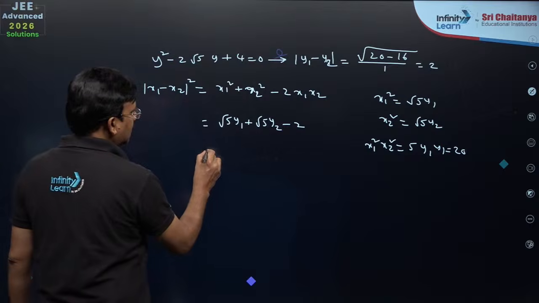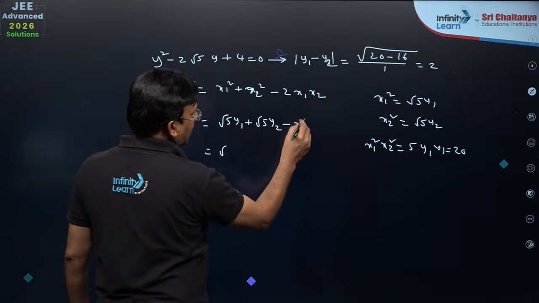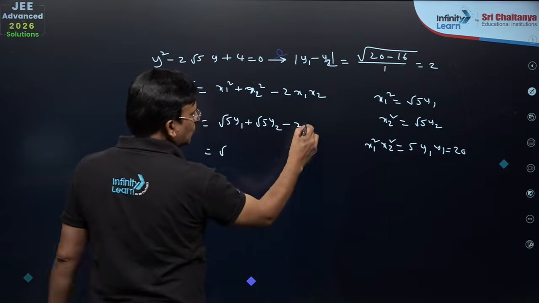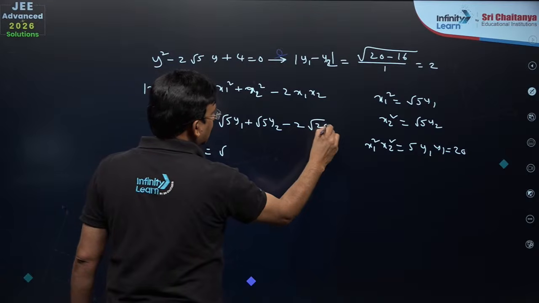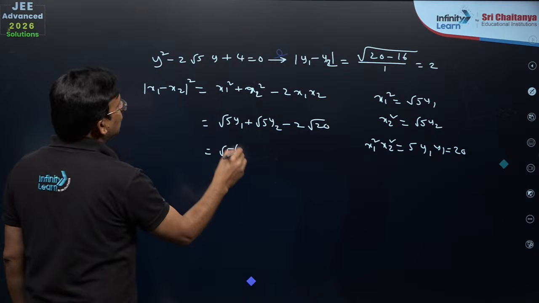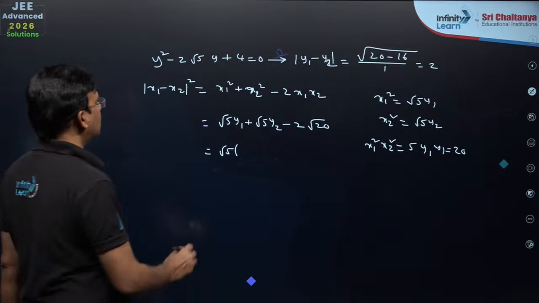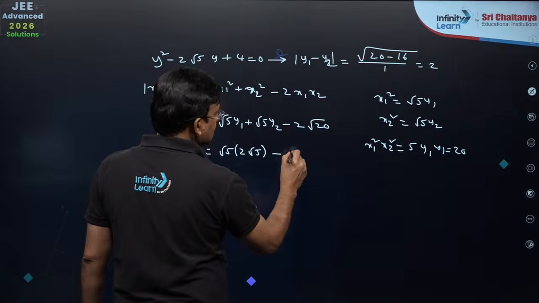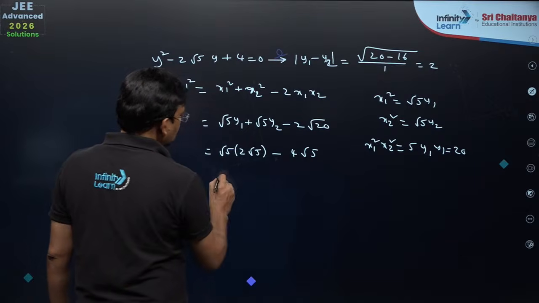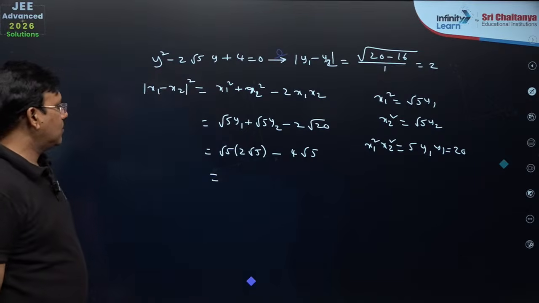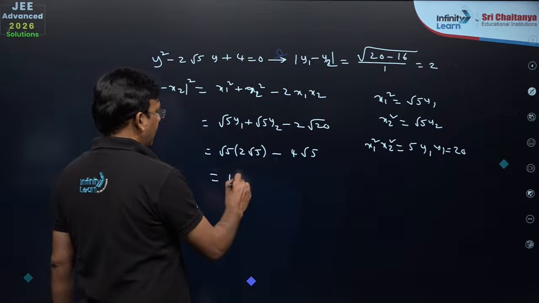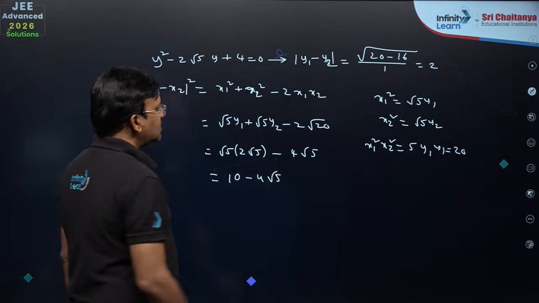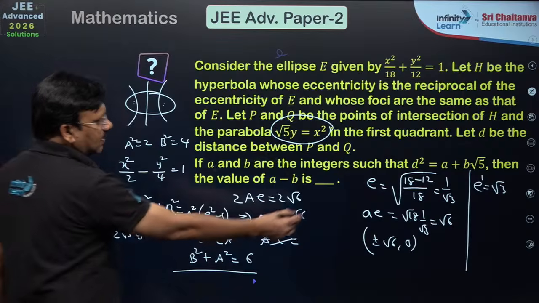So this is minus 2 into root 20. So this becomes root 5 into y1 plus y2, the sum of the roots is minus b by a, 2 root 5, minus 4 root 5, which is going to be 10 minus 4 root 5. This is what he has given as d square.